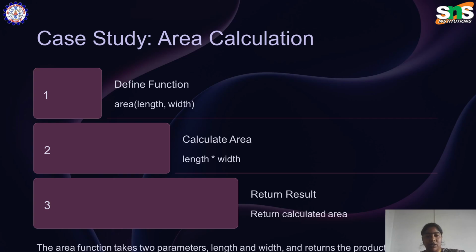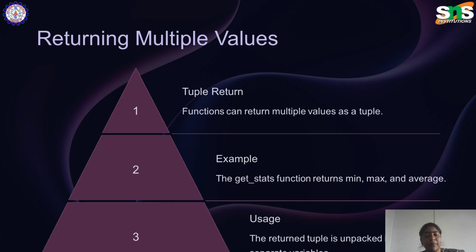Returning multiple values. The function can return multiple values as a tuple. Here is an example of a function that returns the minimum, maximum, and average of a list of numbers. def get stats within a bracket numbers colon, below return min of numbers comma max of numbers comma sum of numbers comma length of numbers.